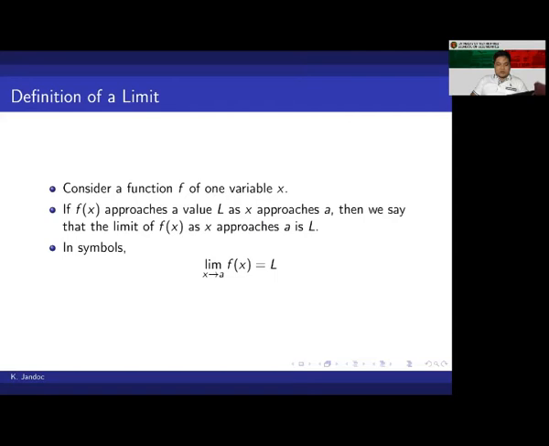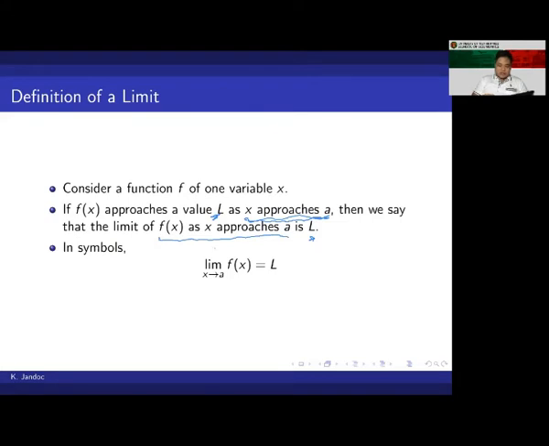If the value of the function f of x approaches L as x approaches a certain value a, we say that the limit of f of x as x approaches a is L. As you go closer and closer to a, the value of the function gets closer and closer to L. Then we say that the limit of the function f of x is L when x approaches a. So in notation, you have this.